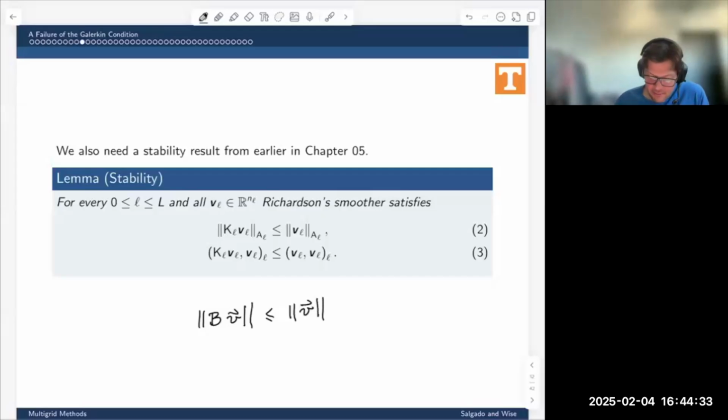This is similar to saying that if we knew that B in that norm was less than or equal to 1, then that would certainly imply this stability statement. So this is like an equivalent version of this.